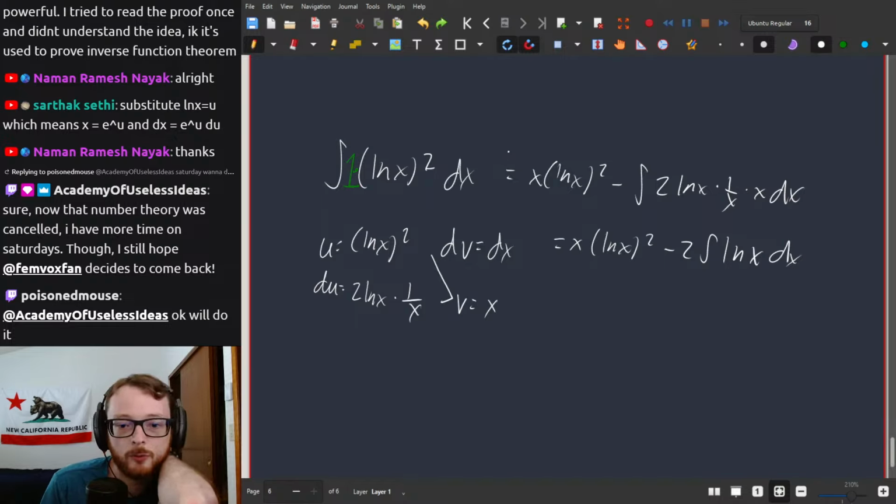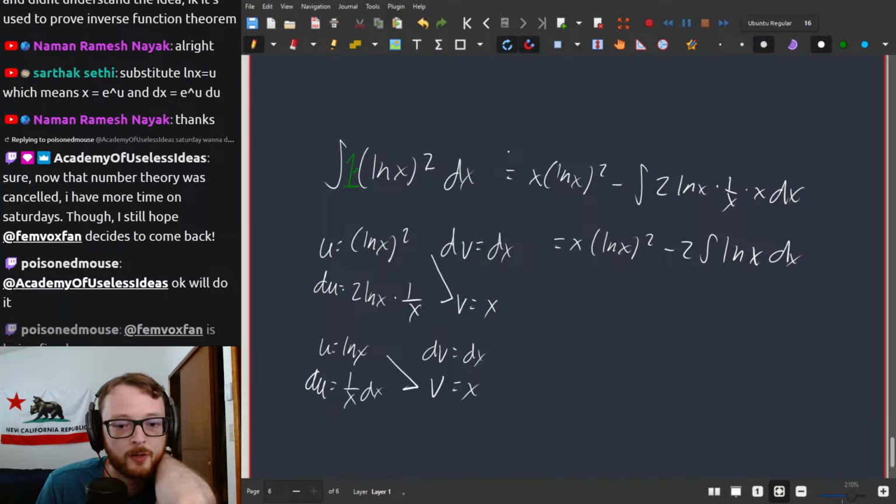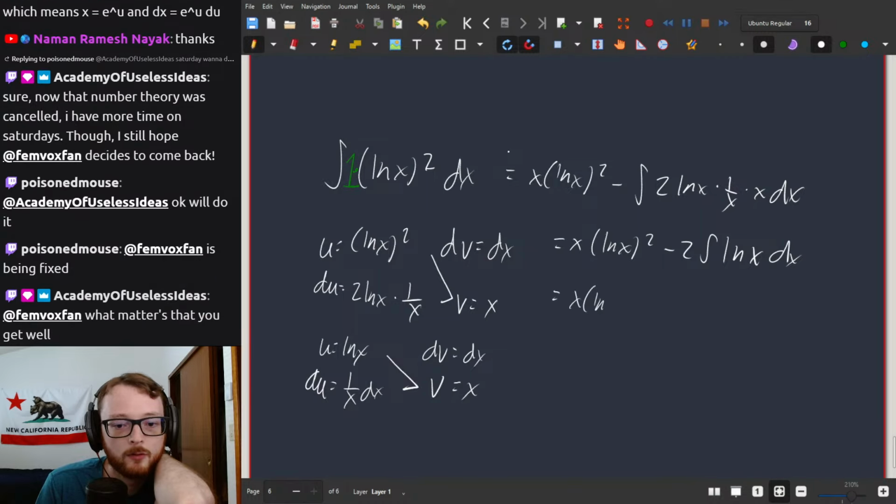But we do it using the same integration by parts trick. u is ln x, dv is dx, du is 1 over x dx, v is x, uv minus v du. Minus 2, remember the parentheses here, x ln x minus the integral of x times 1 over x dx. Fantastic, because that's just 1.